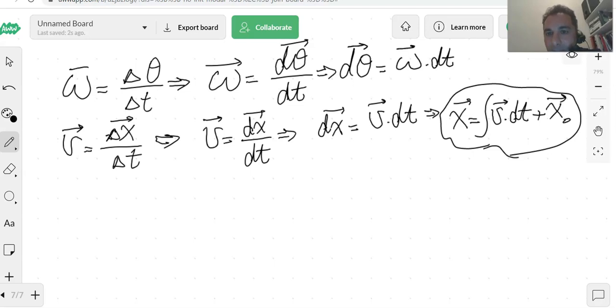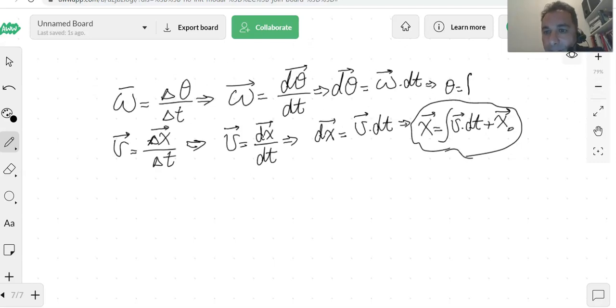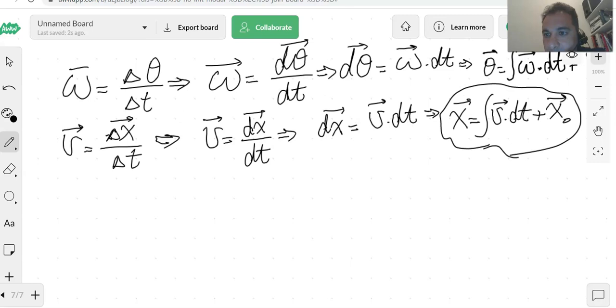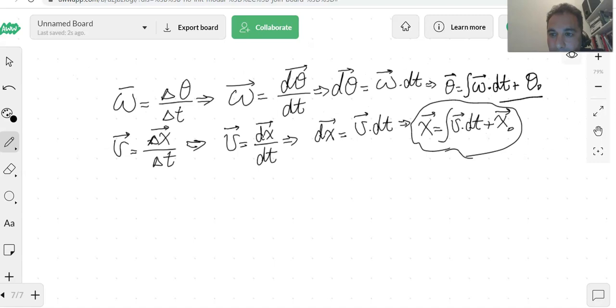Let's put a vector arrow on it. Therefore, I can write theta is integral of omega dt, this is time, plus a constant. Very important equation.